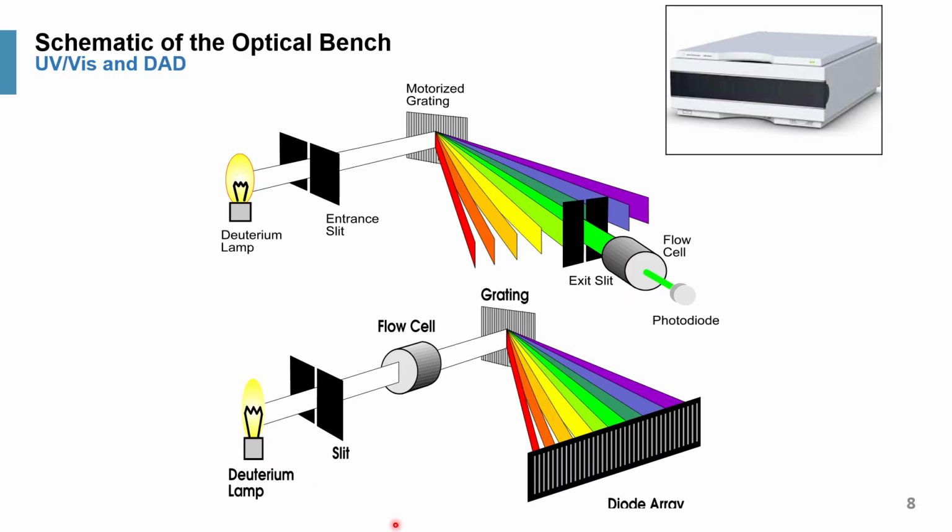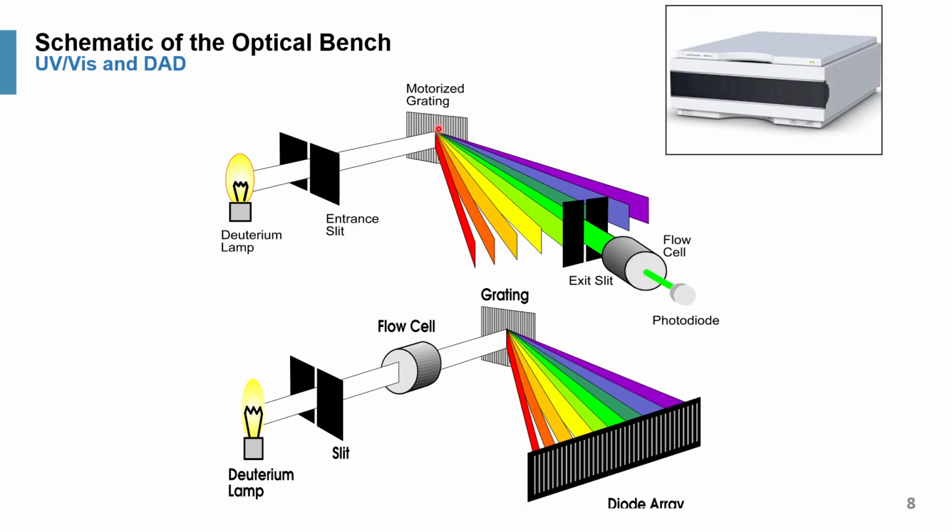Here is a schematic of the optical bench of a UV visible detector or variable wavelength detector versus a diode array detector, right? So the first one is a variable wavelength detector where you have a deuterium lamp, and this part of the optical bench is called the monochromator, where a rotating mirror with lines called the grating would disperse the light into different specific wavelengths.